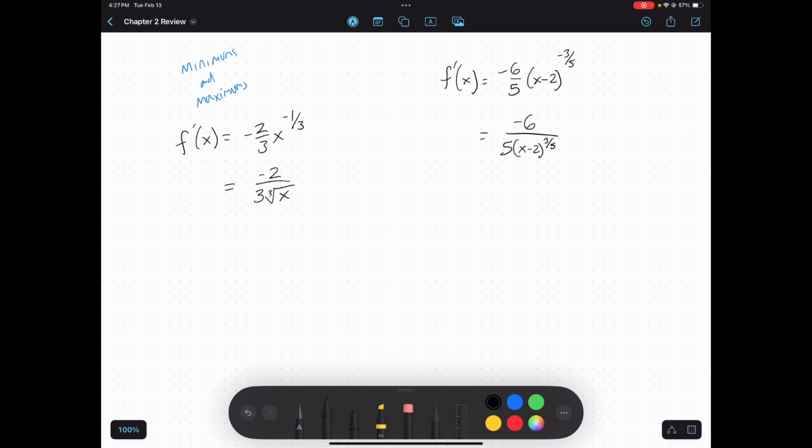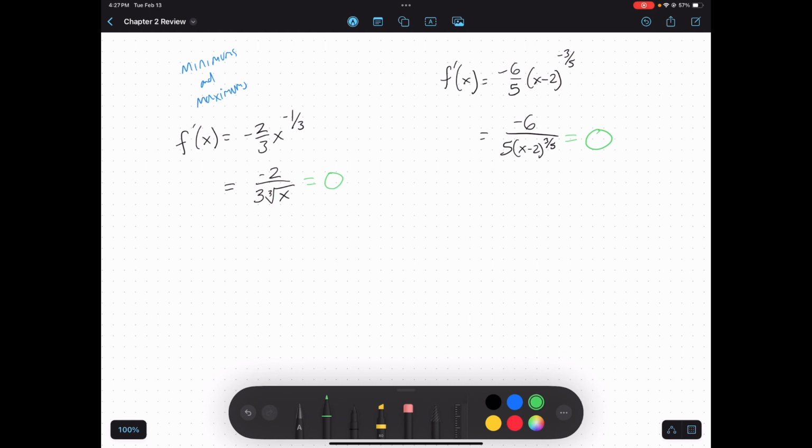Now, if I'm finding relative extrema or critical points, what do I want to do with this derivative? I want to set it equal to 0. I want to set these derivatives equal to 0. But if I tried to solve this, I actually wouldn't get any answer out.